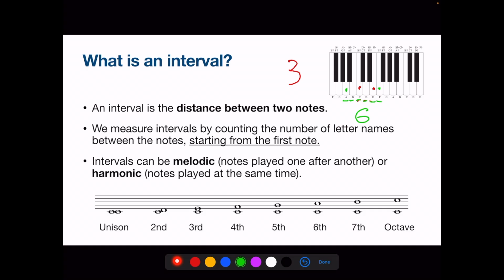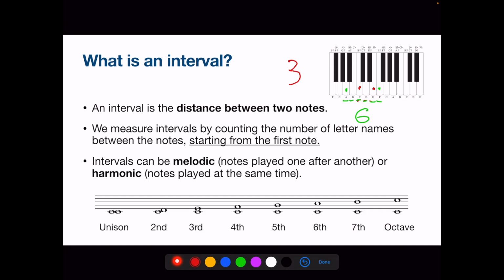Okay, so intervals can be melodic, notes played one after another. So if I play, that's melodic, but if you hear them together, that's harmonic. Okay, so one thing I would like you to pay attention to is when you look at these harmonic intervals, where you see those two notes stacked upon each other, you are going to have to do something called eyeballing.